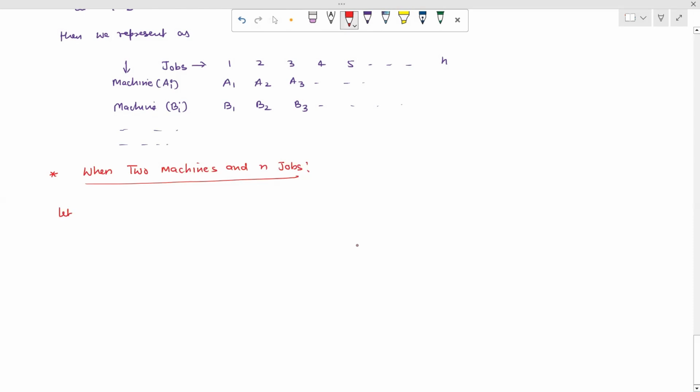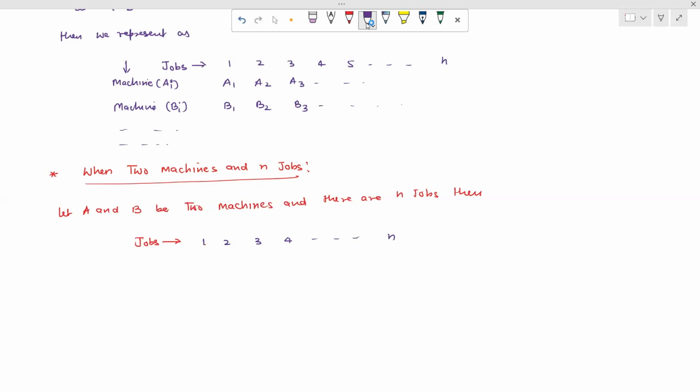So we consider, let A and B be two machines and there are n jobs. So then we write down jobs. Jobs we write down in this way: one, two, three, four, n jobs, and we represent the machines on this side.